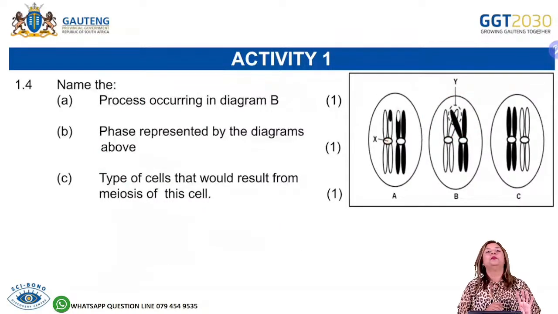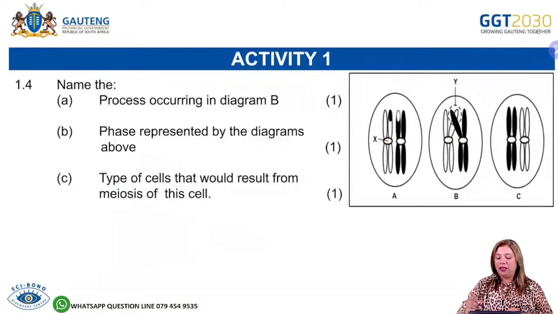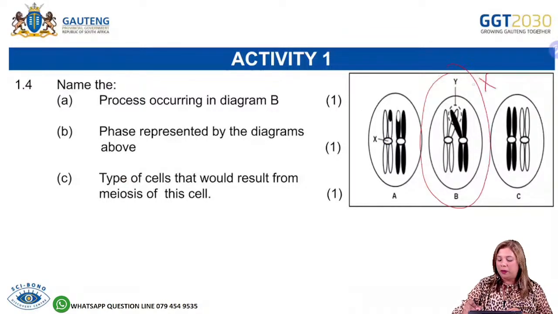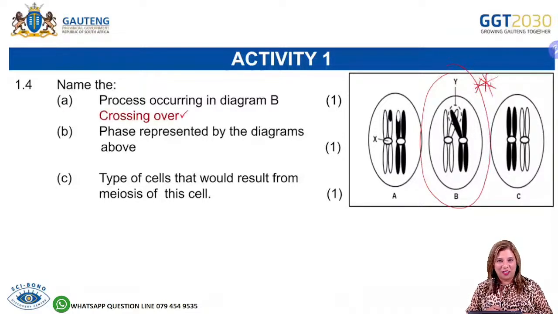Same diagram, more questions. Name the process occurring at diagram B. We all know this. If you do not know this, you have not been paying attention at all. What is this process? It is called crossing over. What is crossing over? The exchange of genetic material. What phase is represented by the diagrams above?